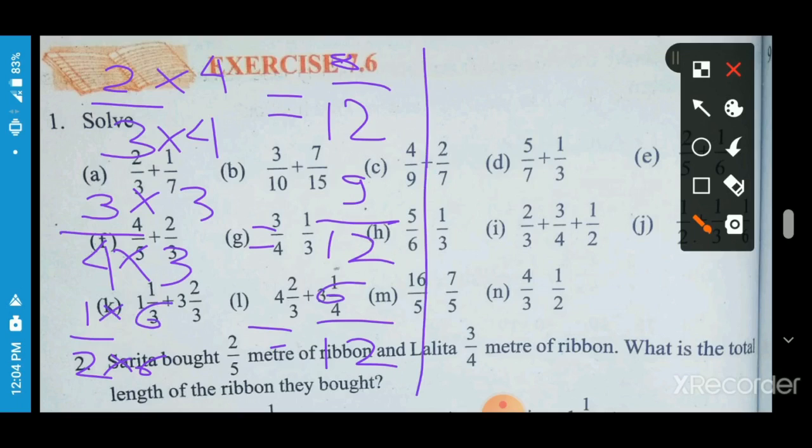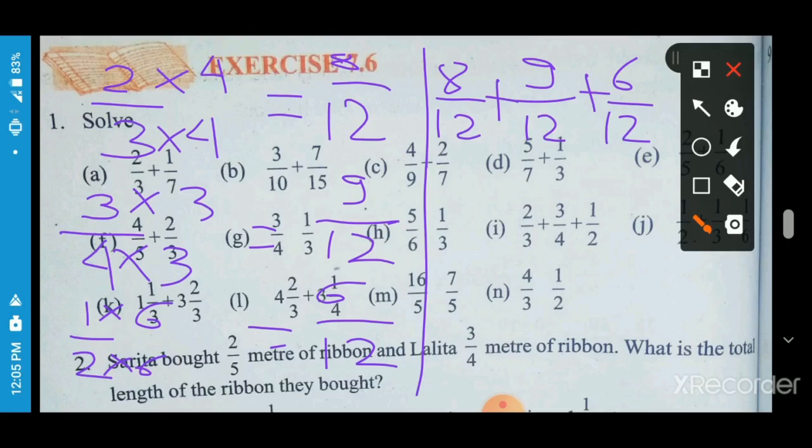Now we are going to add all these new fractions, that is 8 upon 12 plus 9 upon 12 plus 6 upon 12.